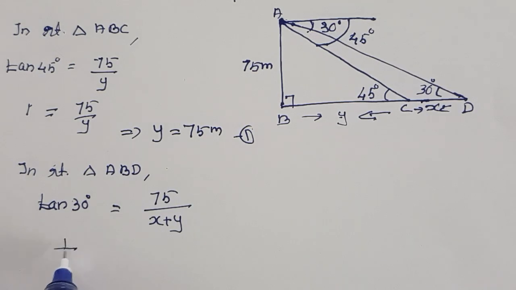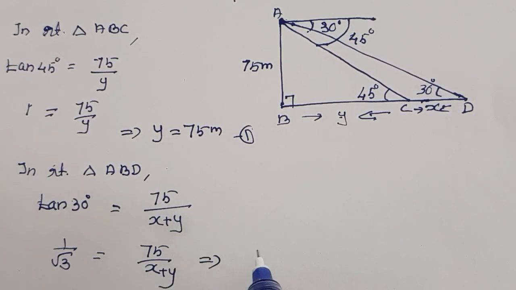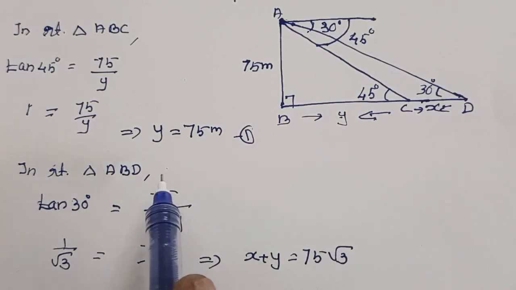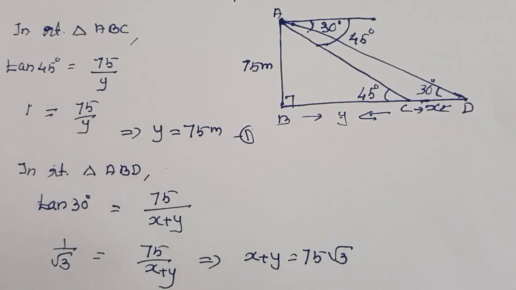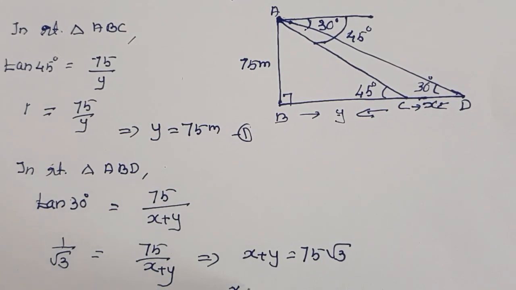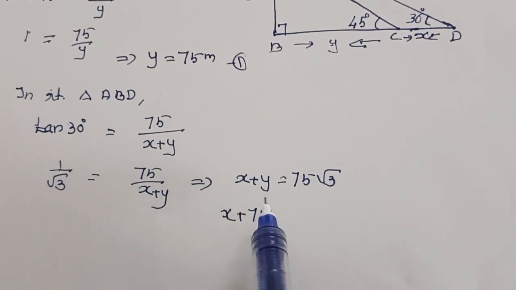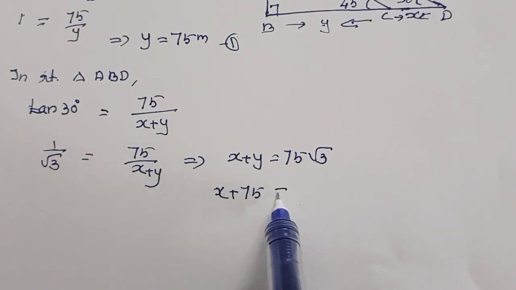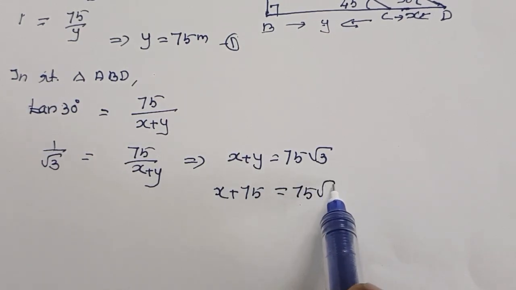Tan 30 equals 1 by root 3. So 1 by root 3 equals 75 by X plus Y. Cross multiplying we get X plus Y equals 75 root 3. Now by substituting the value of Y from equation 1, we get X plus 75 equals 75 root 3.